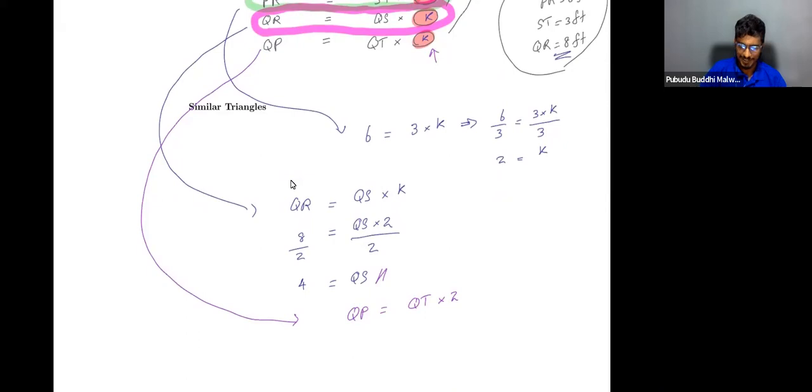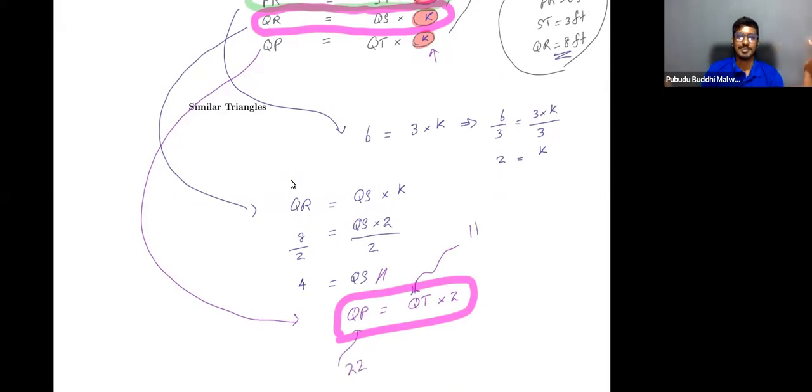Can't compute, right? So what are your thoughts on that? You can name a few possible cases, a few possible values. When QT equals 5, QP equals 10, or when QT equals 11, QP equals 22, but so many possibilities, right? So this equation is not sufficient.